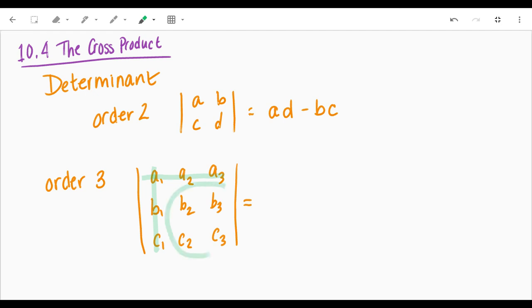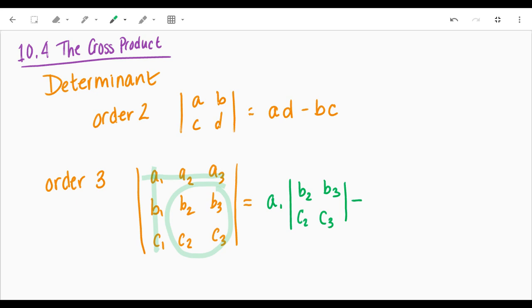So like right here. And you keep that A1 out front. So what that's going to look like is A1 times the determinant of B2, B3, C2, C3.